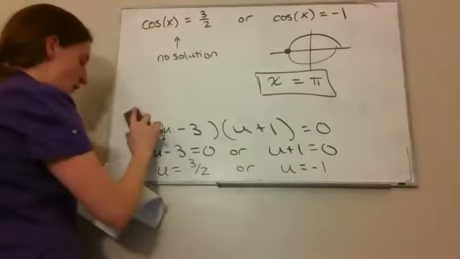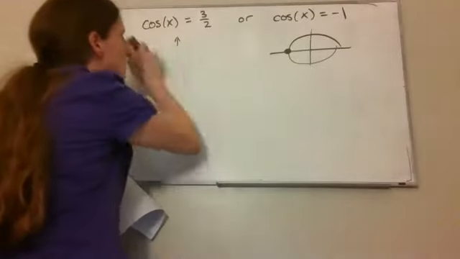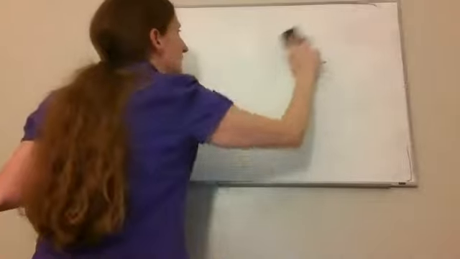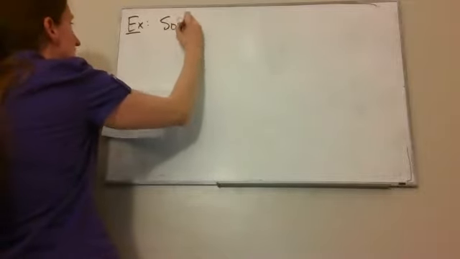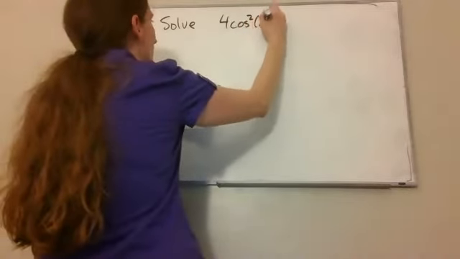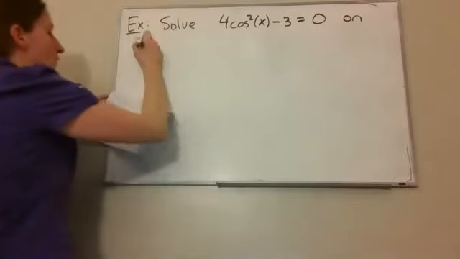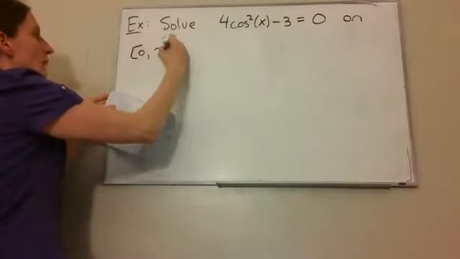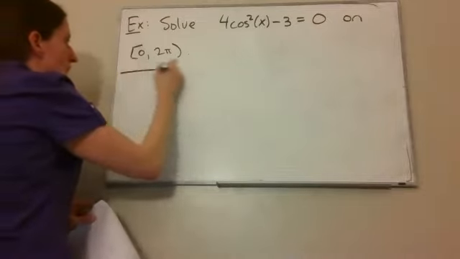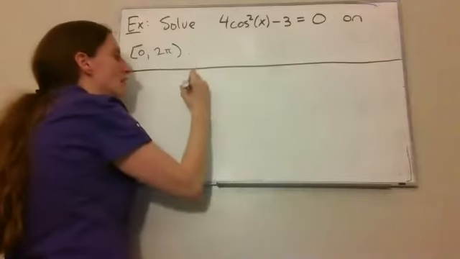All right, let's do another one kind of similar to that. Solve 4 cosine squared x minus 3 equals 0 on the interval 0 to 2 pi. I'm going to try to get that x by itself the best that I can.